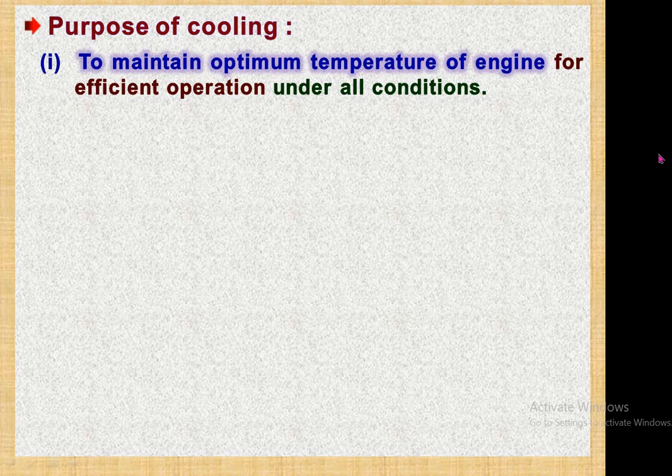If it is running without much load, then the engine may not attain a higher temperature. But if it is operated with high load, then it may gain more temperature. So it is necessary to maintain the optimum temperature which has been recommended for a particular type of engine for its efficient operation.